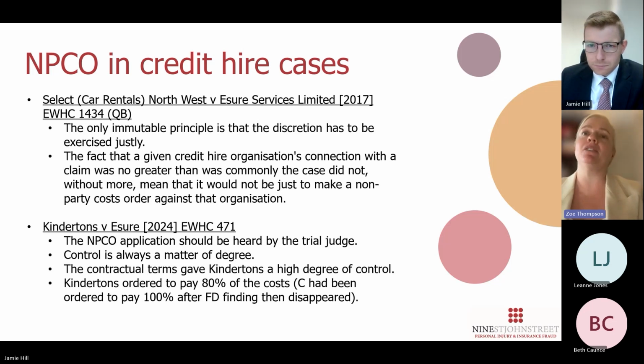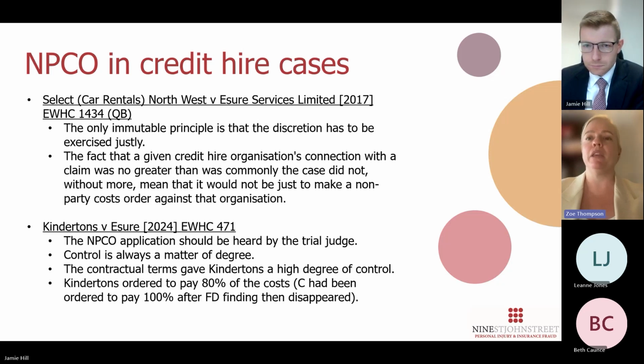Now, in that case, the total claim was pleaded at £30,000 and the credit hire element was some £23,000. And the judge at first instance made a non-party costs order to the effect of the credit hire company having to pay 60% of the defendant's costs.